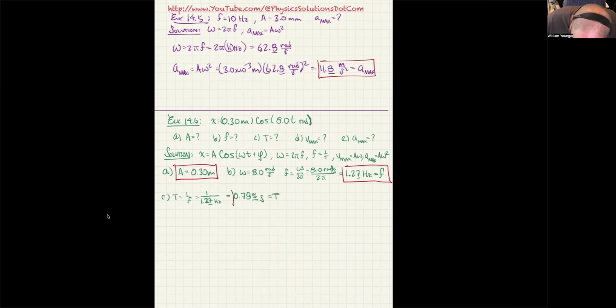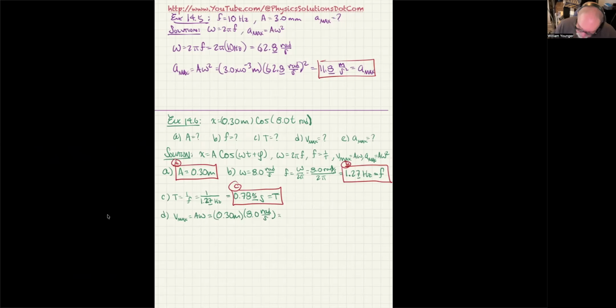So now I can box that off. This is part A, this is part B, and this is part C, like that. So I now have C. Now that we have all that, we can go ahead and calculate the Vmax, and we know Vmax is equal to A omega, and A we found was 0.30 meters, and omega is equal to 8.0 radians per second.